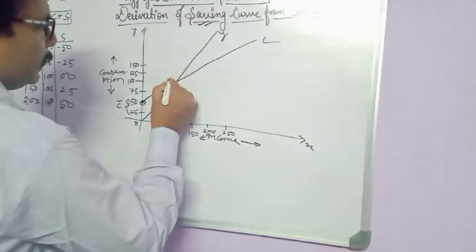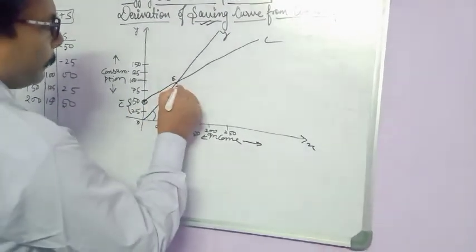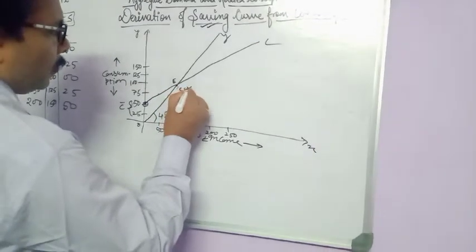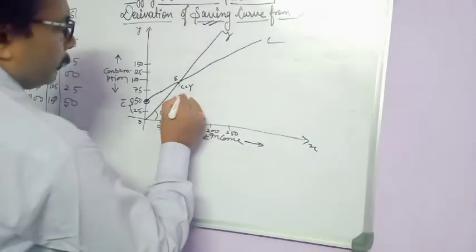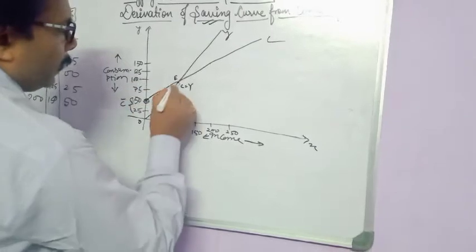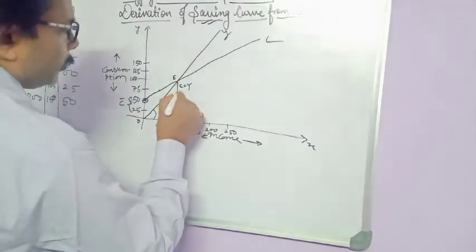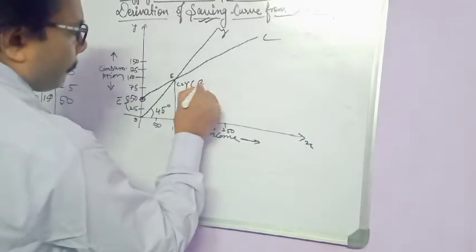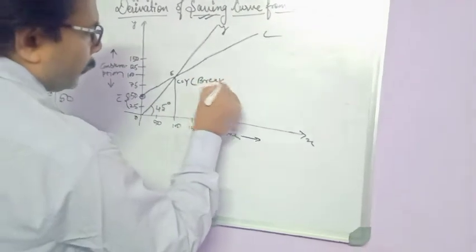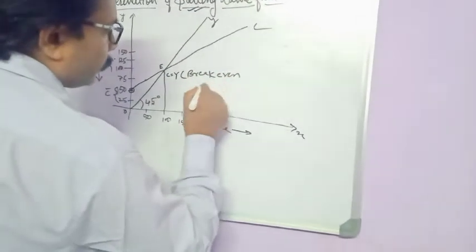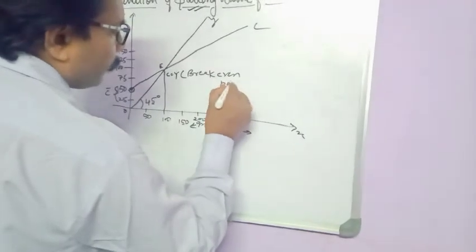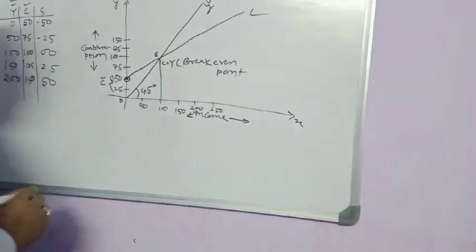Suppose E is the point where C is equal to Y. At this level, it is known as the break-even point. Is it clear?